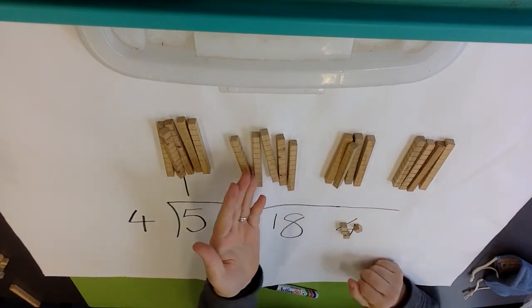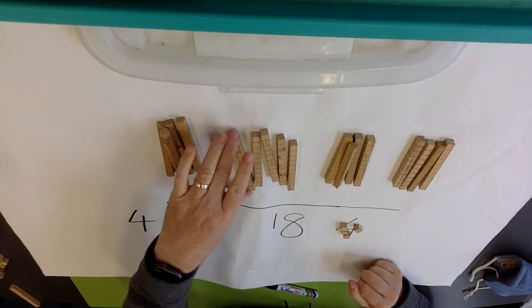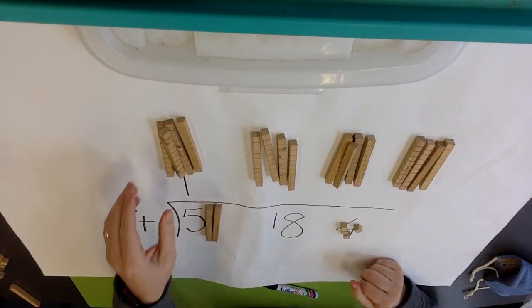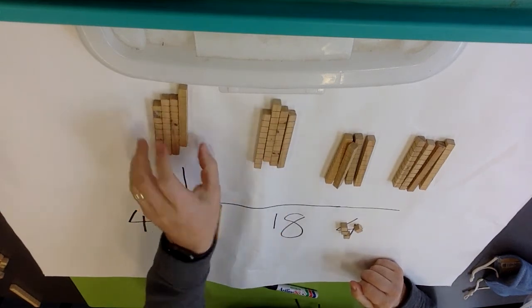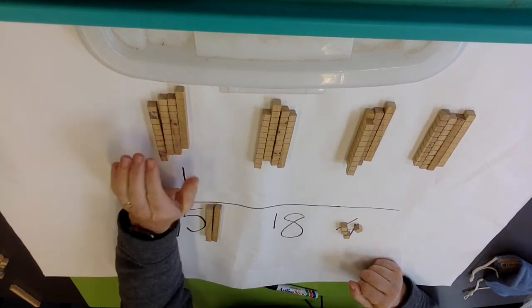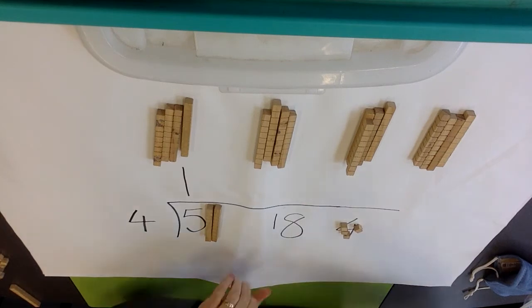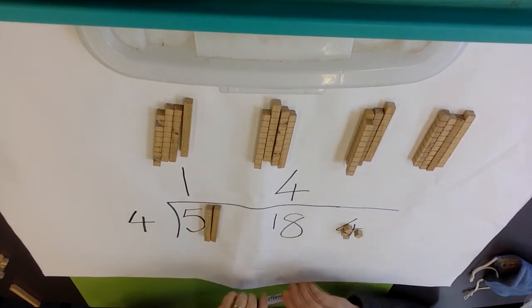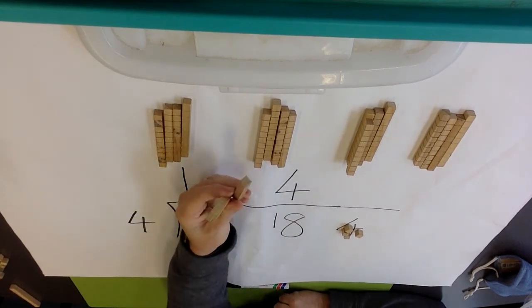That would mean that these groups here have 5 and these only have 4. So I can't share those ones over. So I have to keep them out. And now I've got to look at how many were in the groups that I made. There was 1, 2, 3, 4 tens in each group. So 18 divided by 4 equals 4 with 2 remainders.